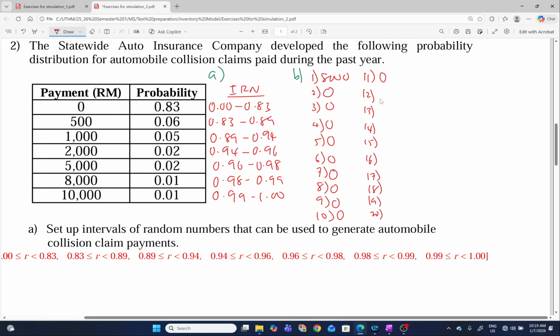And this is 0. 12 you will get 2000. 13 you will get 0. 14 is... Is this your answer? Okay. All right.